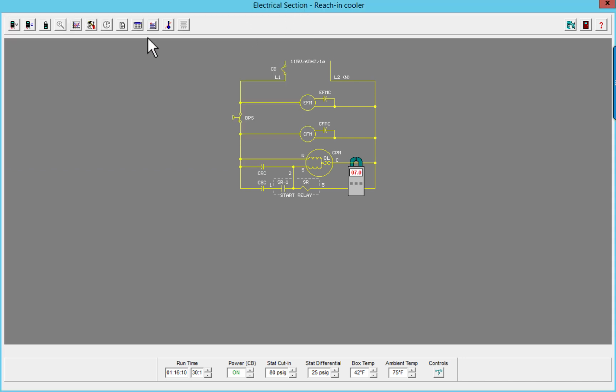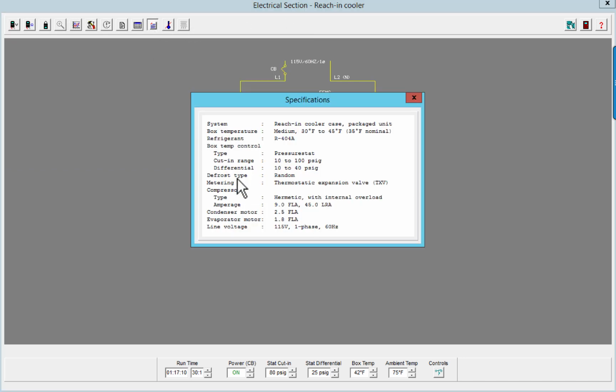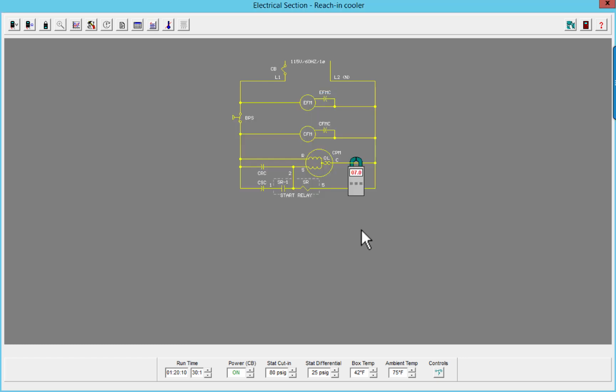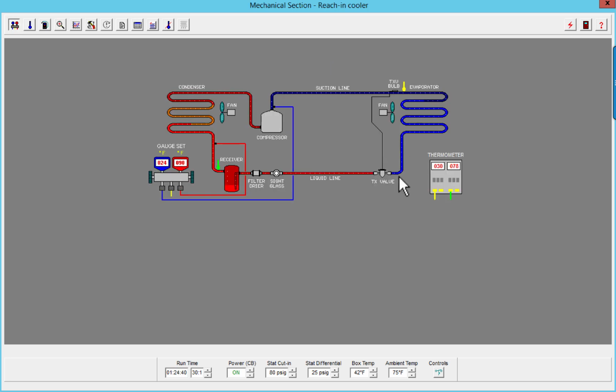Now, if I look at the specifications again, my compressor should be around 9 FLA, and when we measured it early, it was close to that. So what's going on? Well, the dead giveaway is my fans are running normal, which we just found out by amperage, and we can visually see my fans running normal. But my evaporator is not exchanging heat.